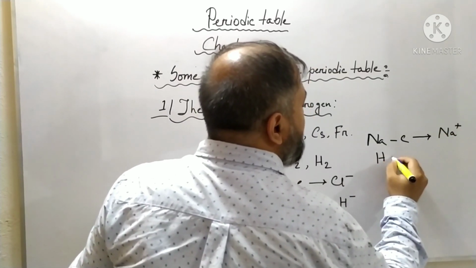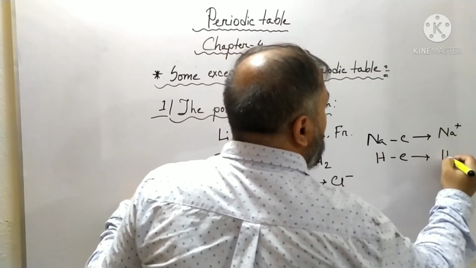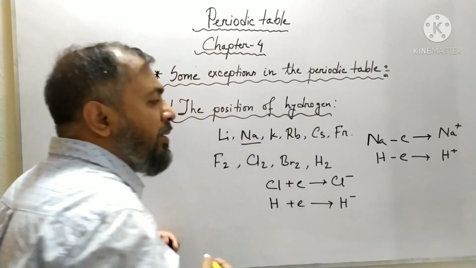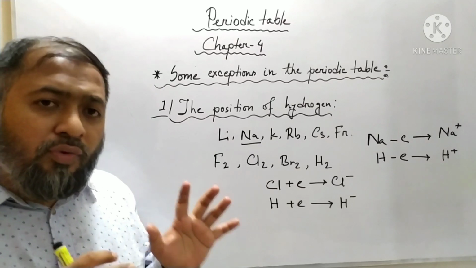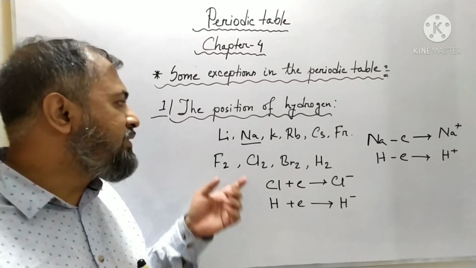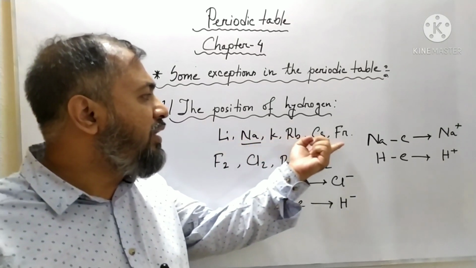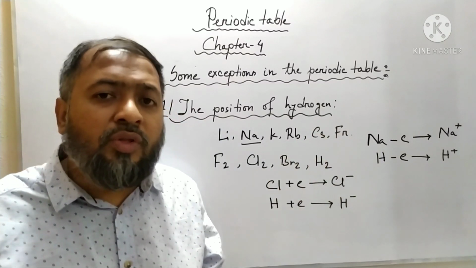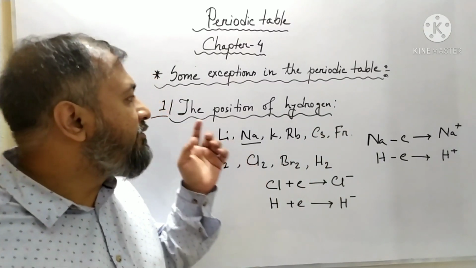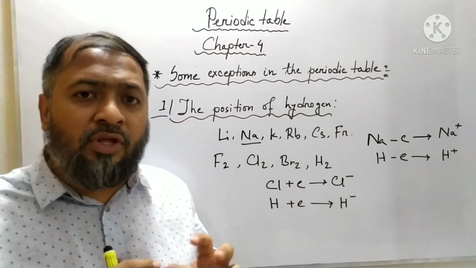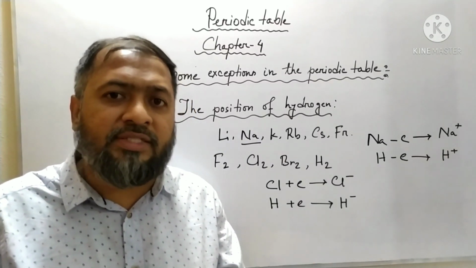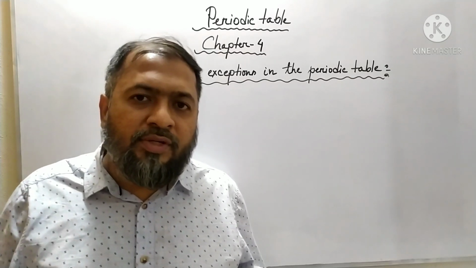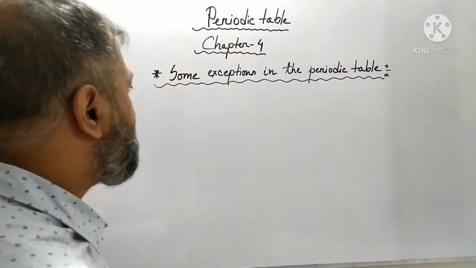In a similar way, hydrogen also donates an electron and becomes hydrogen ion. But the problem is that hydrogen does not always show all the properties shown by the elements belonging to the first group. So the position of hydrogen in the first group does not follow the main objective of the periodic table.